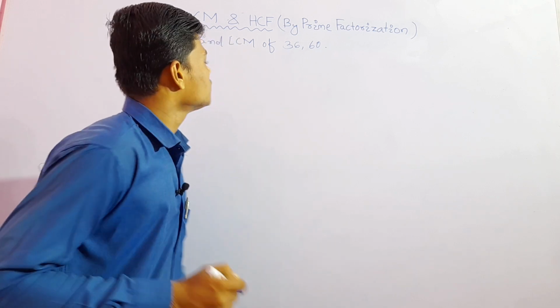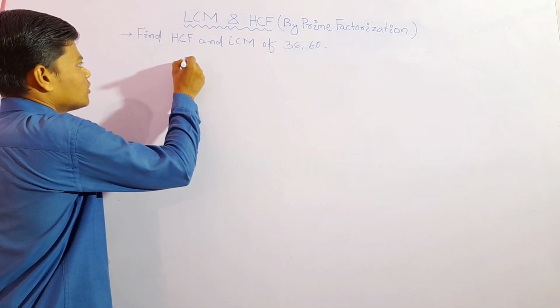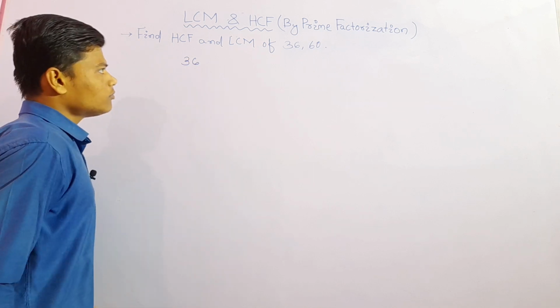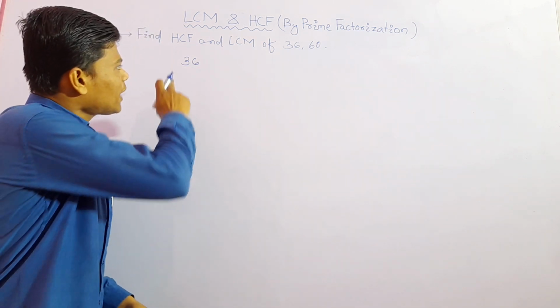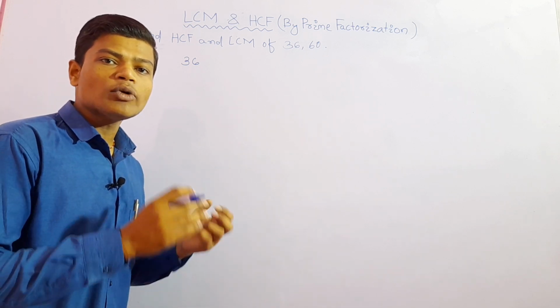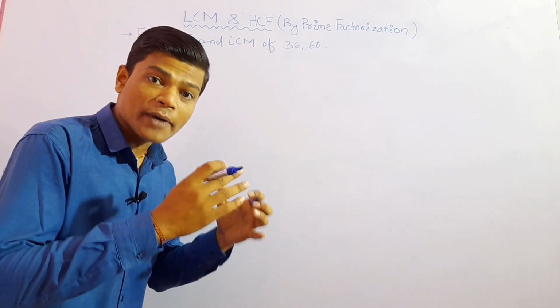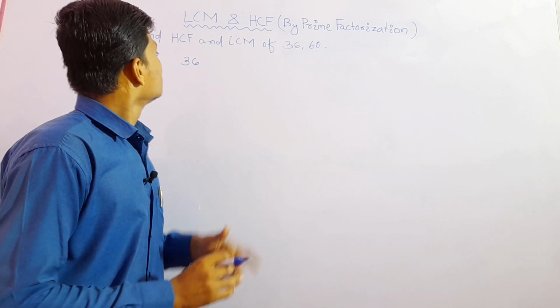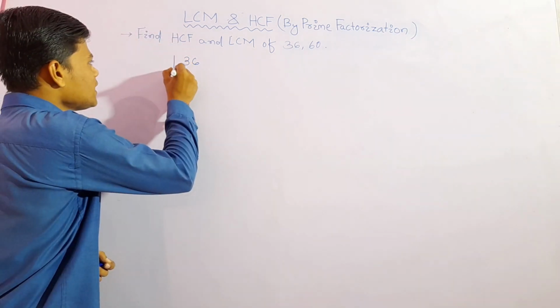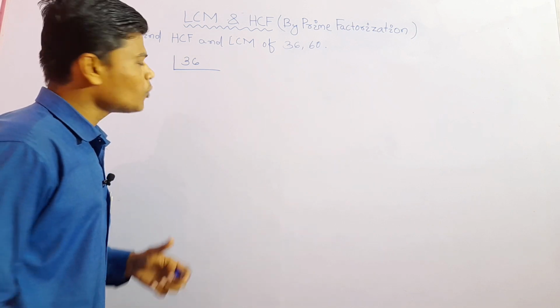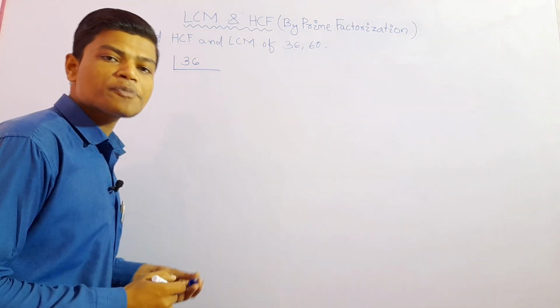So here, 36. Now we need to prime factorize 36. Prime factorizing 36 means we need to divide 36 by the lowest prime number possible till we get 1. Like general division, we divide 36 by the lowest prime number possible.